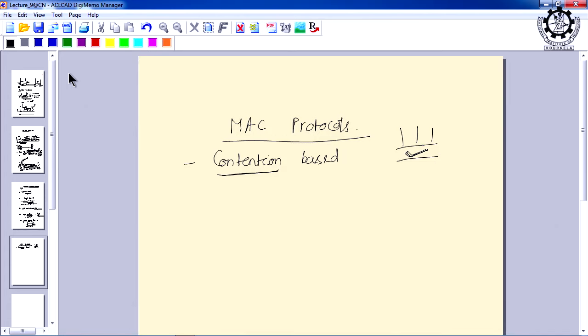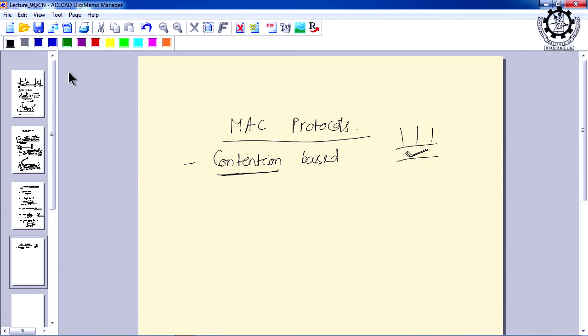So, the process by which multiple nodes try to get the channel, resulting in any kind of collision, is called the contention. They are contending with the other nodes to get the channel, you can say. That is the contention.